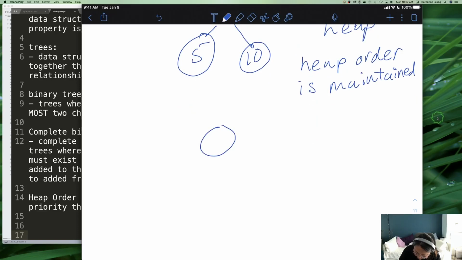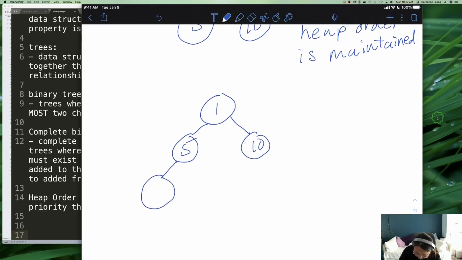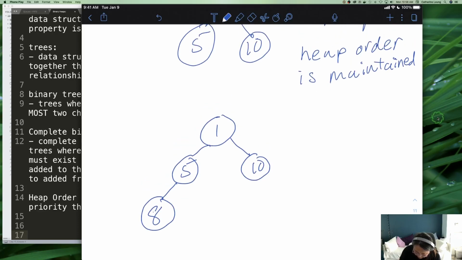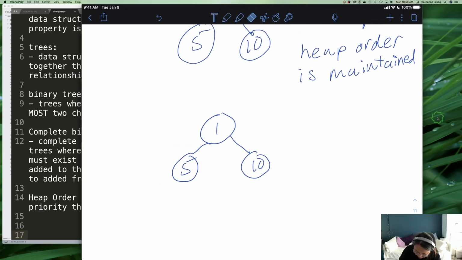Let's say that I added another value here. First of all, I'm going to add 2 values. So first of all, what you will notice, this is also a proper heap.